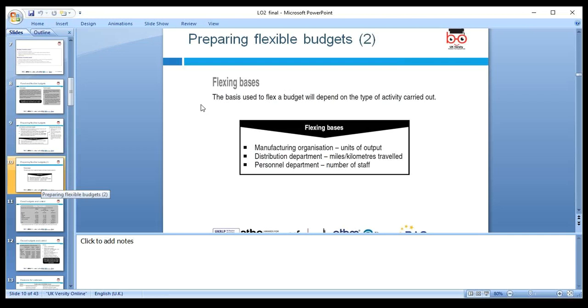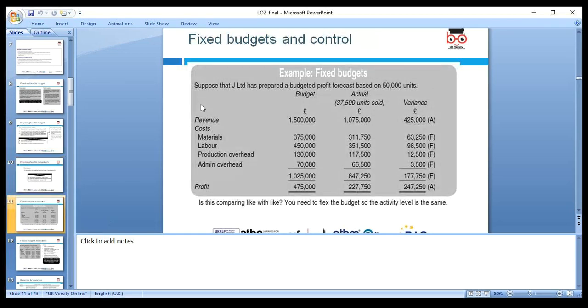Okay, flexing. If the actual activity is more, your fixed budget needs to be flexed according to the actual activity. So we always need to look at what my actual activity is. Suppose J Limited has prepared the budget. Forecast is 50,000 units. So this is the fixed budget for 50,000 units.